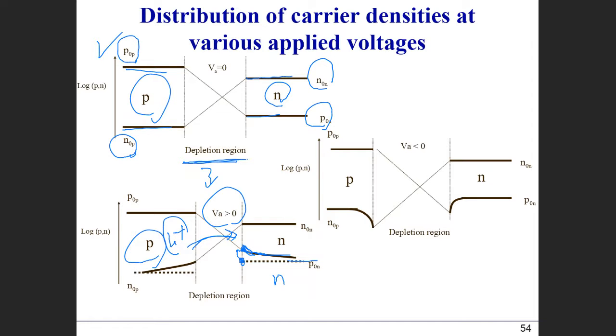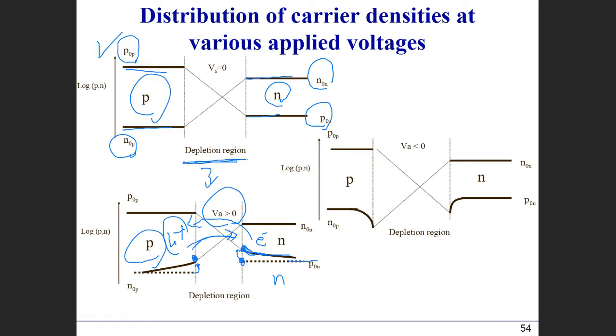Similarly, in the n side you have larger electron concentration, and by applying the forward bias, the barrier height is decreased. So now electrons start to diffuse to the p side. When the electrons diffuse to the p side, at the edge of the depletion region, your minority concentration is increased from the thermal equilibrium value.